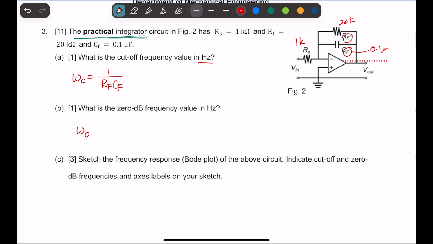So 0 decibel is going to be 1 over RS CF. And this is in radian per second. And in order to convert this into hertz, you need to have 1 over 2 pi, right? RF CF.